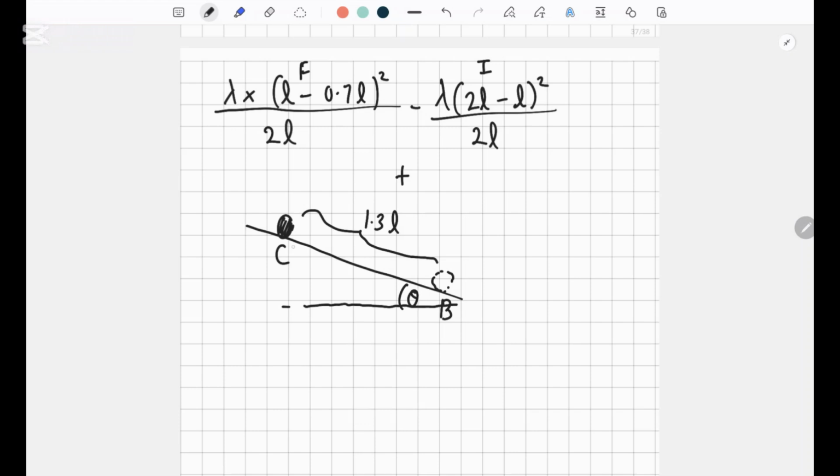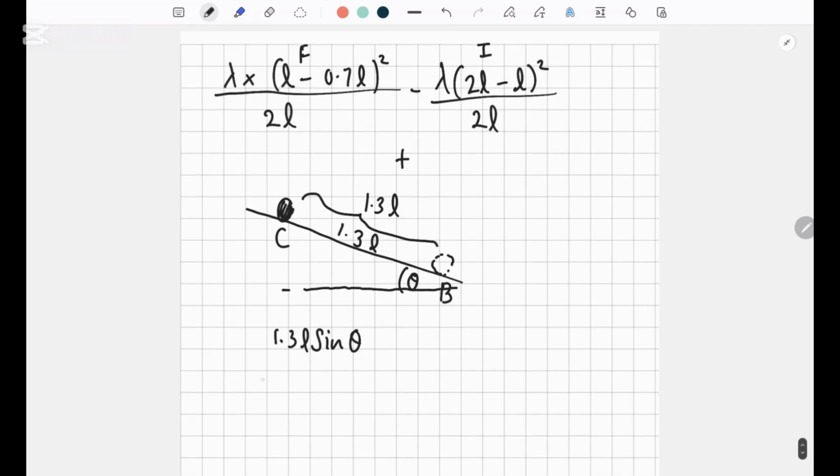So this distance is 1.3L, so 1.3L sine theta is the height, right? So tan theta equals 5 over 12.